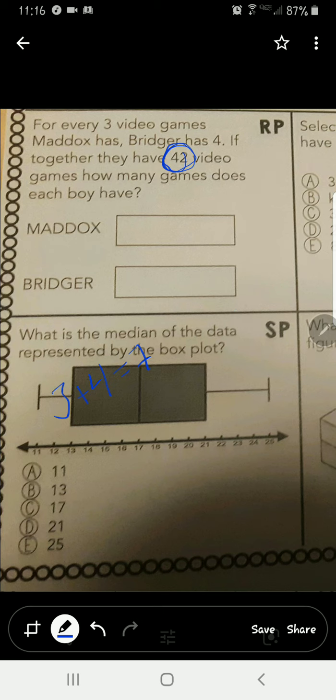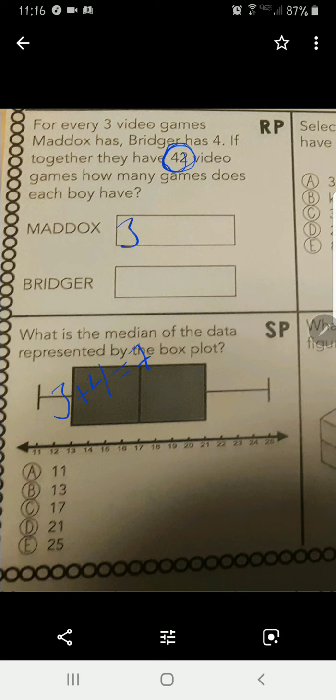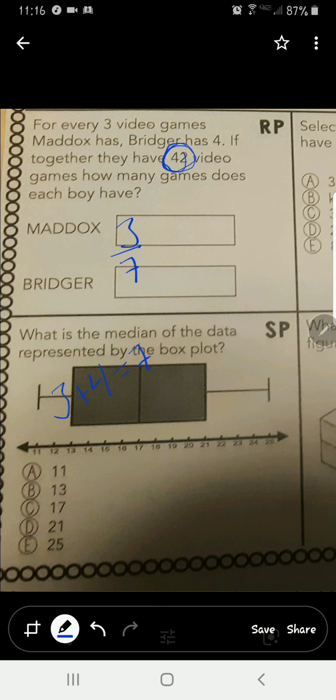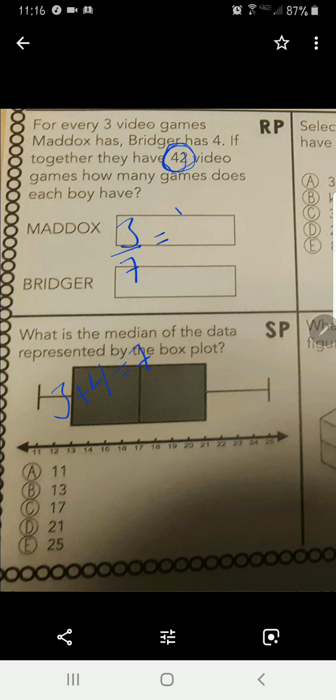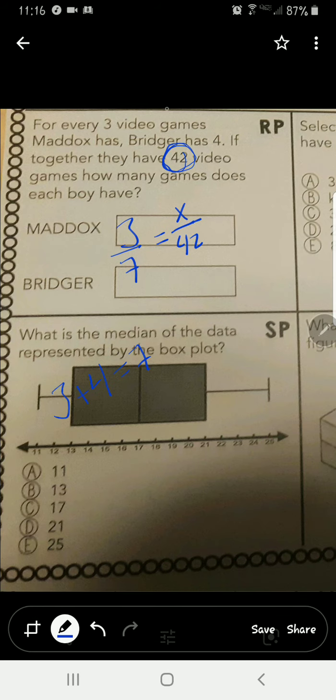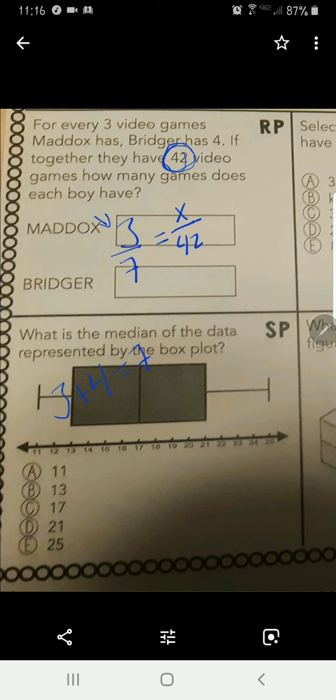Well, we can just go back and find the ratios. So 3, let's start with Maddox, over 7 is going to equal however many he has out of the 42 over 42. That's how much the total would be between the 3 and the 4.